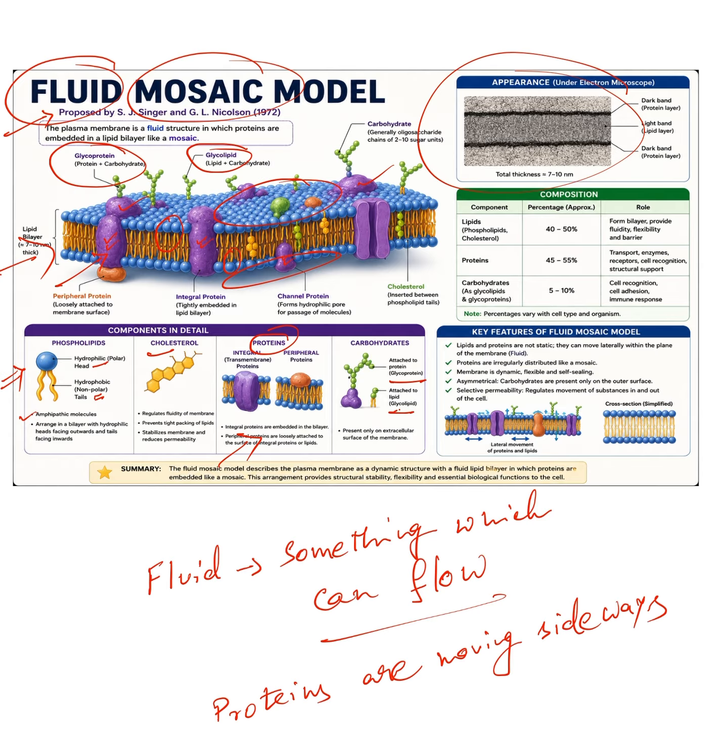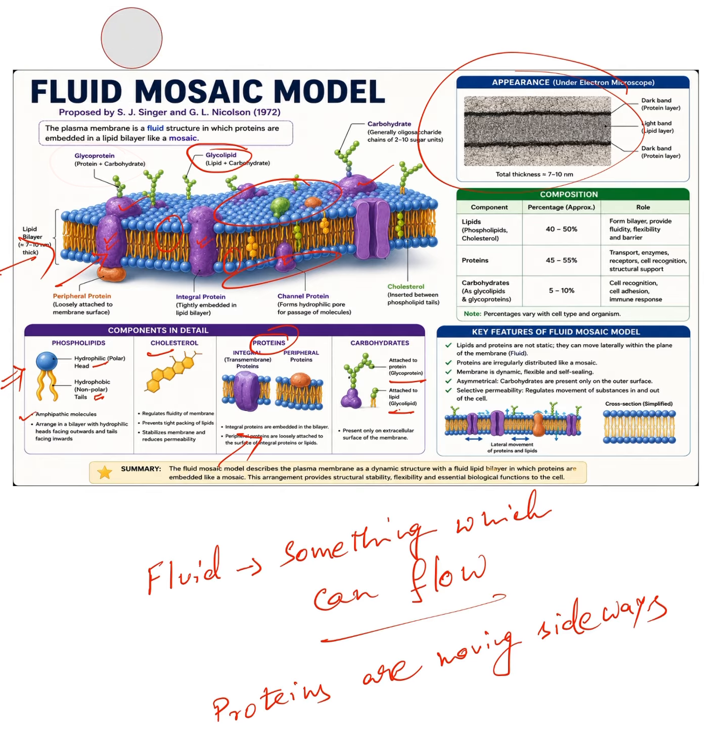The peripheral proteins remain loosely attached on the membrane surface. Can you identify peripheral proteins? I just told you, right? Peripheral proteins are loosely attached on the surface. They mainly help in enzymatic activity and cell signaling.